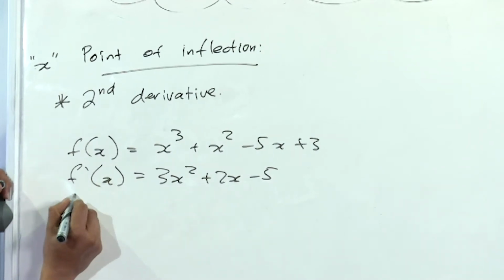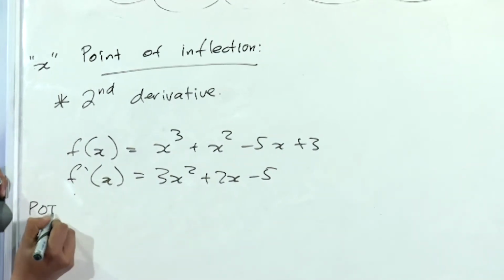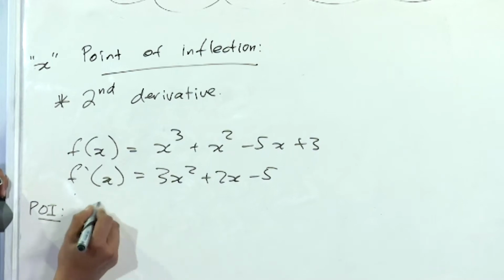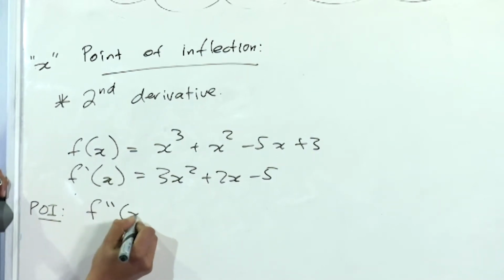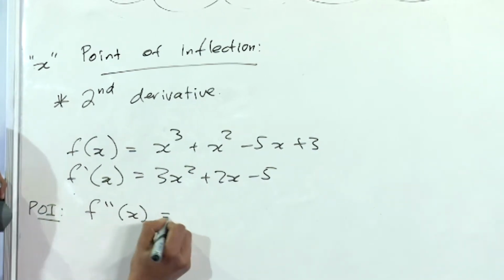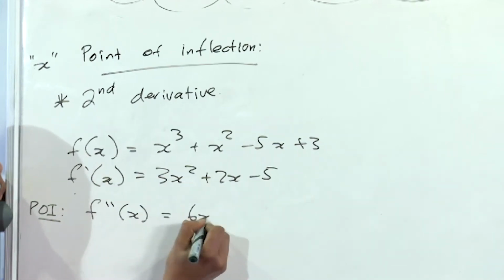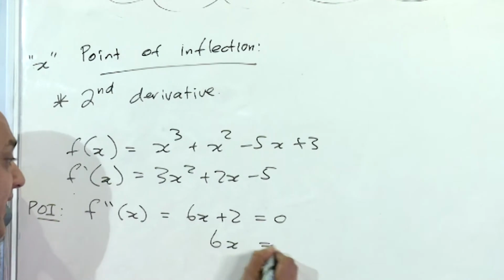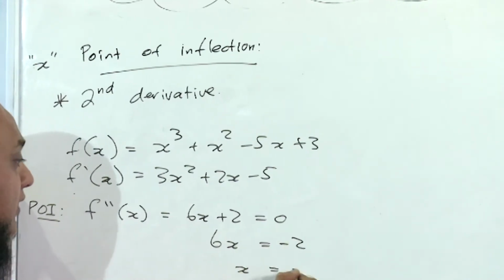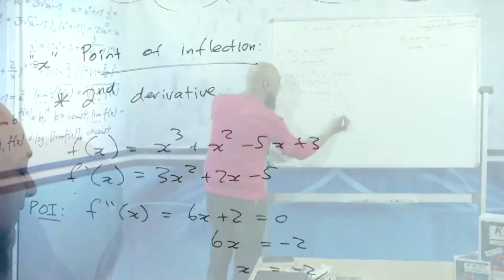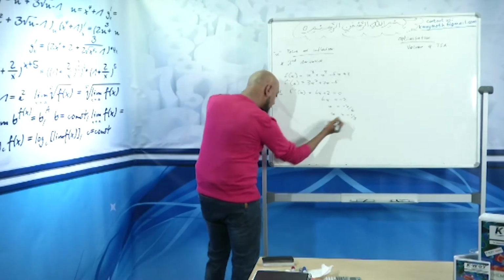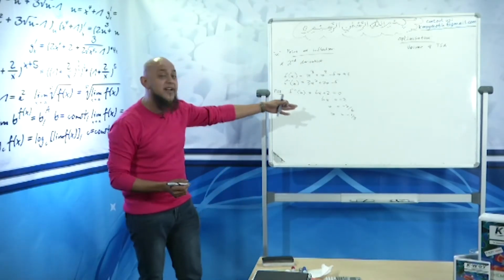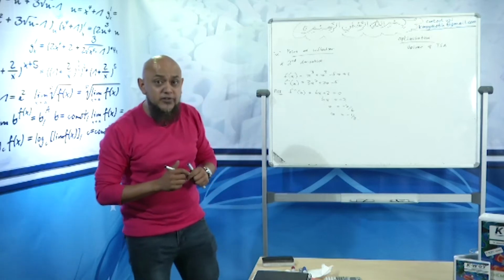Now for the point of inflection, the second derivative f double dash x is 6x plus 2. We equate it to 0 and solve for x. 6x equals minus 2, so x equals minus a third. That is how you find the x value of your point of inflection.